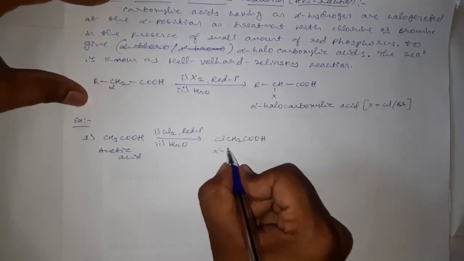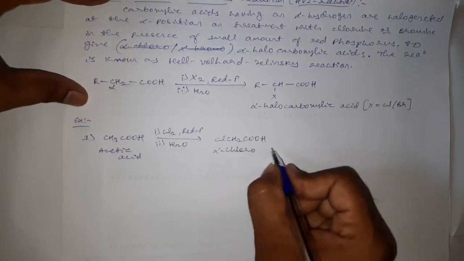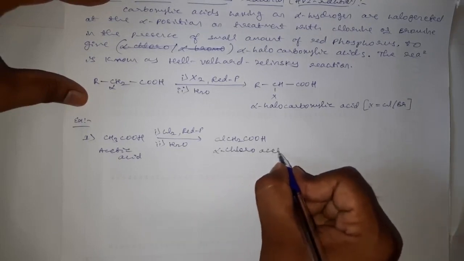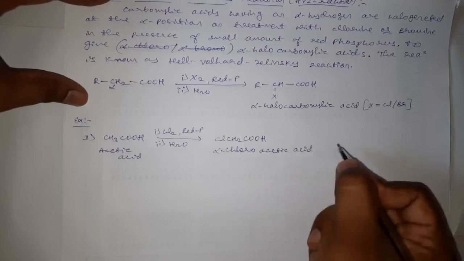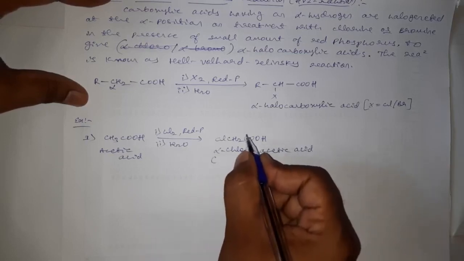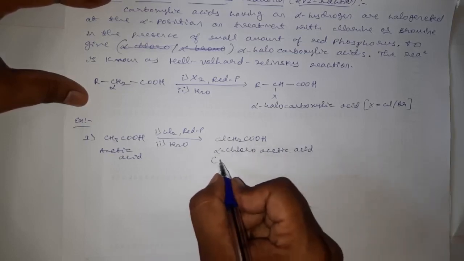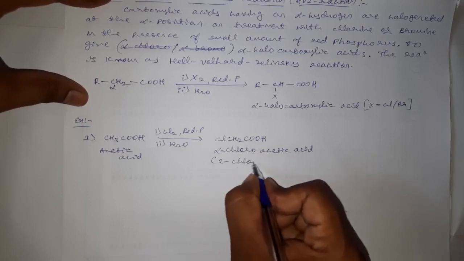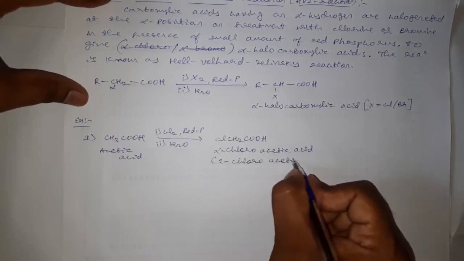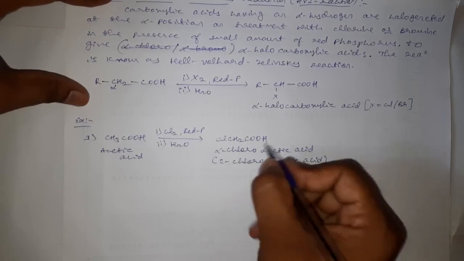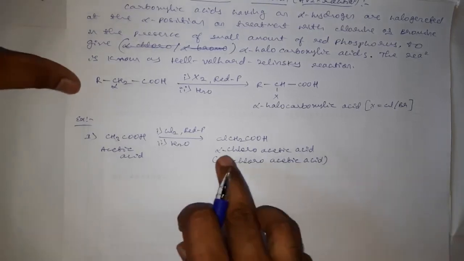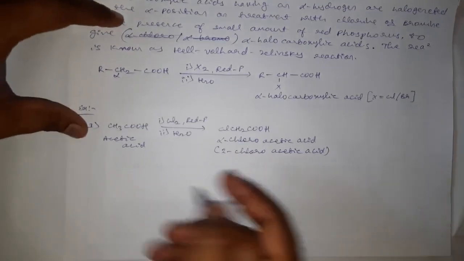This is alpha-chloroacetic acid, or we can write this carbon is first carbon, this is second carbon, 2-chloroacetic acid, both are the same. This is alpha-chloro or 2-chloroacetic acid.